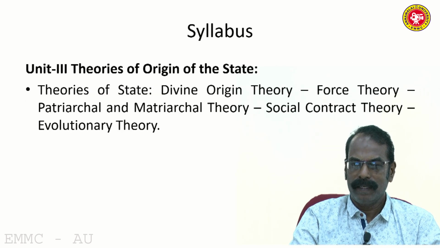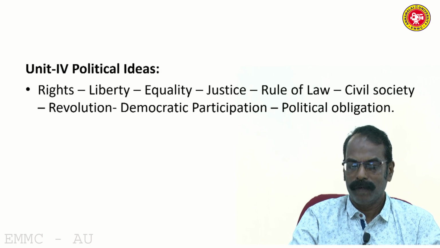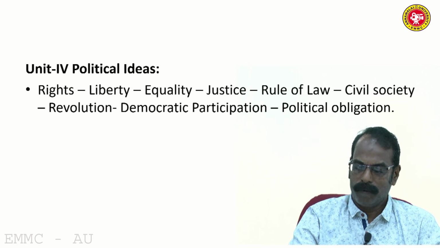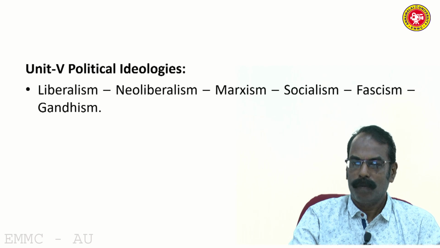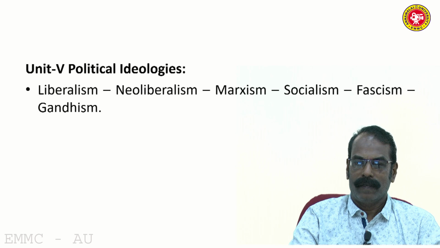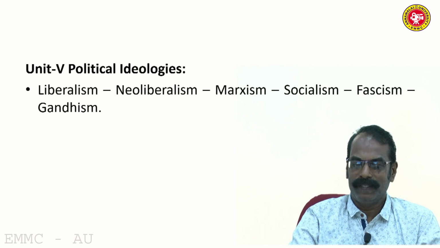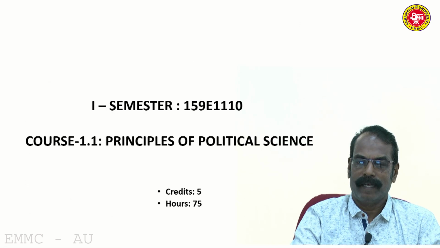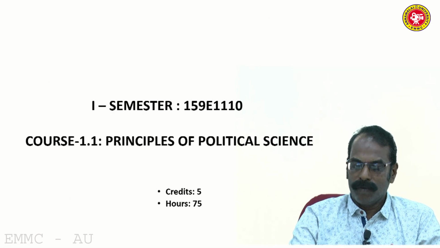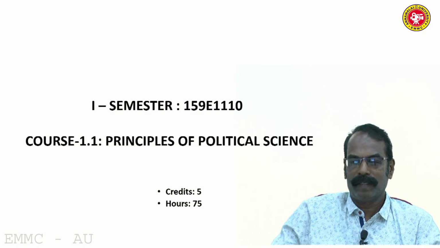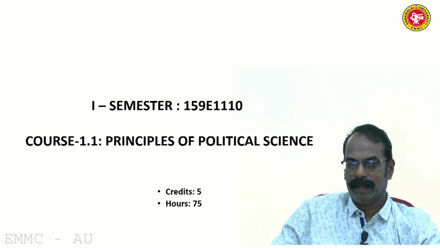The 2nd unit is the origin and functions of the state, the 3rd unit is theories of the origin of the state, the 4th unit is political ideas like liberty, equality, justice, rights and political obligations, and the 5th unit is political ideologies, the major ideologies. So this is the syllabus for the principles of political science. Thank you. We will see each and every aspect in a detailed manner in the lesson.